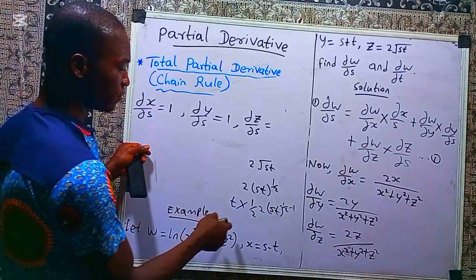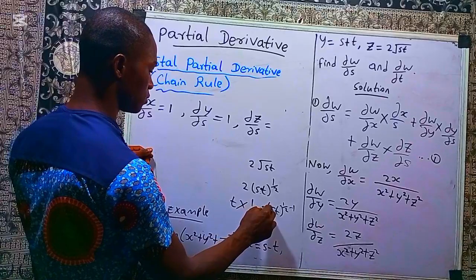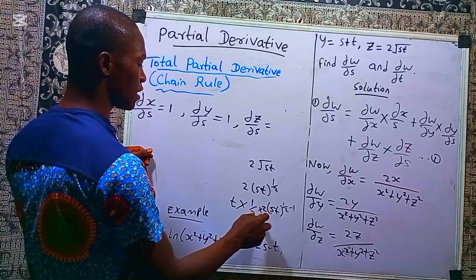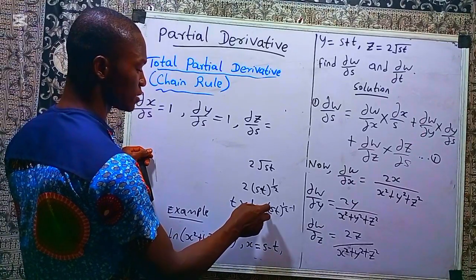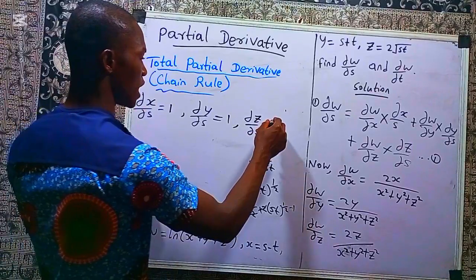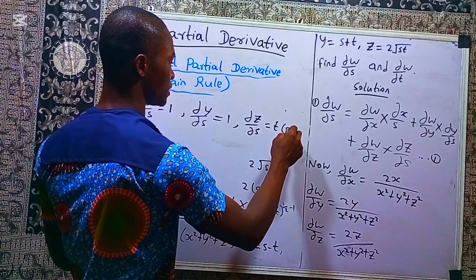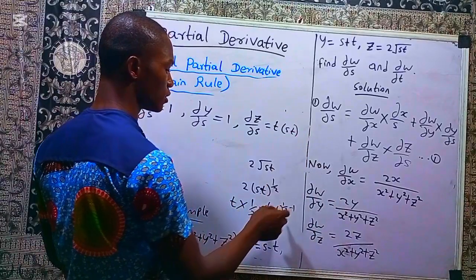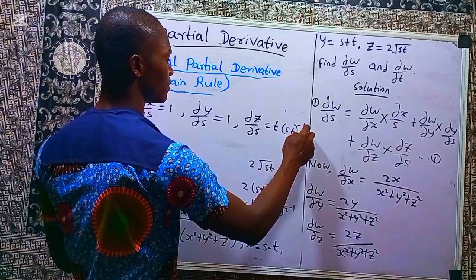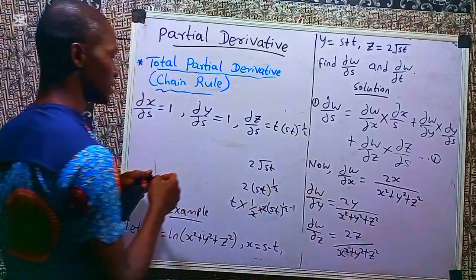So we cancel this 2, and you have t, open bracket, st raised to power half minus 1, which is negative half.